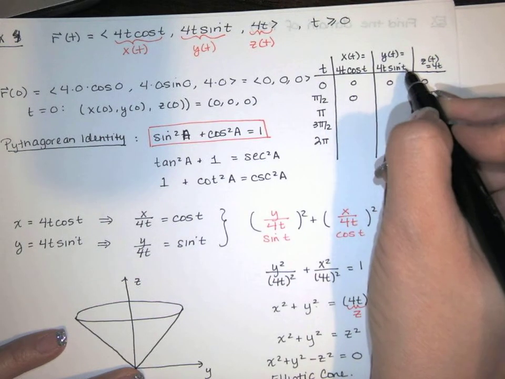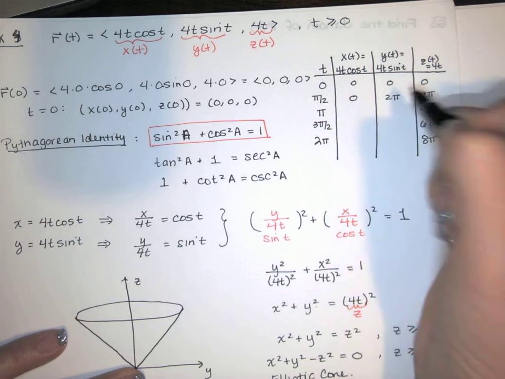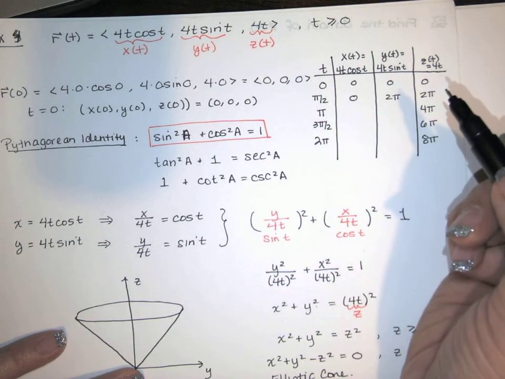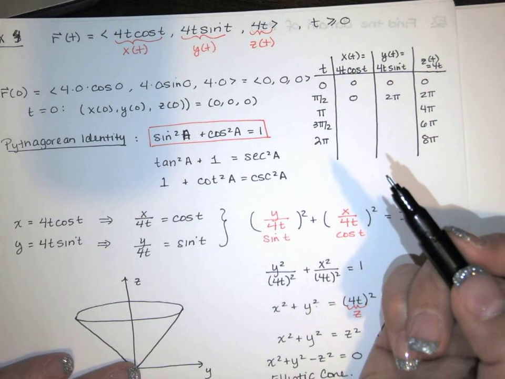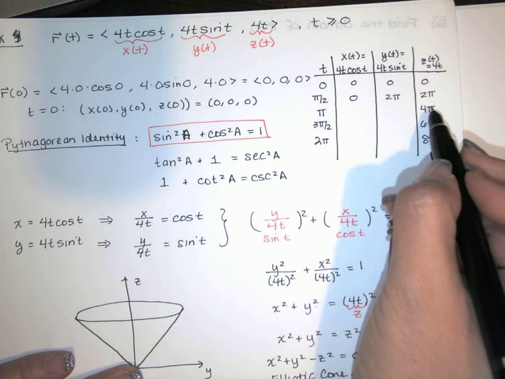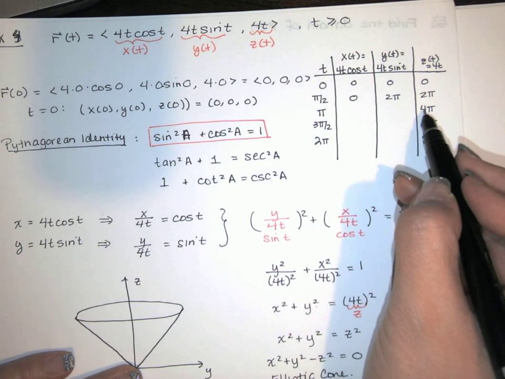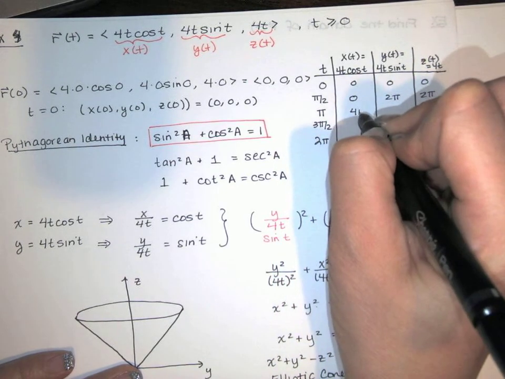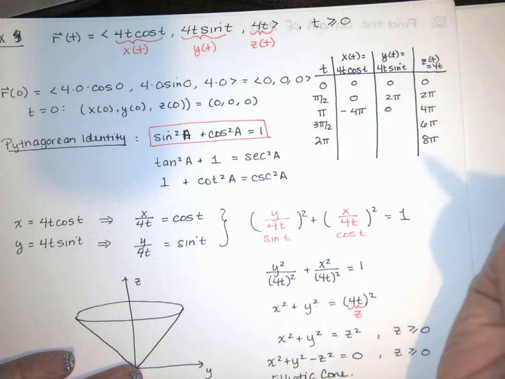And sine of pi over 2 is 1, so I end up with that. 2 pi times sine of pi over 2 gives me 2 pi times 1, which is 2 pi. Over here, when t equals pi, z equals 4t equals 4 pi. So this is 4 pi times cosine of pi. Cosine of pi is negative 1. Sine of pi is 0, so that's 0.